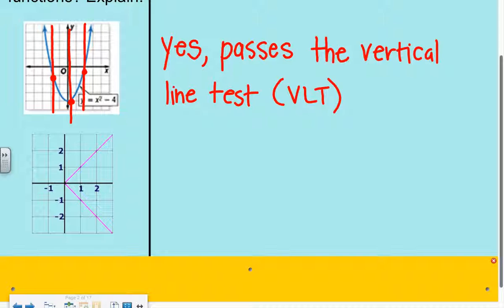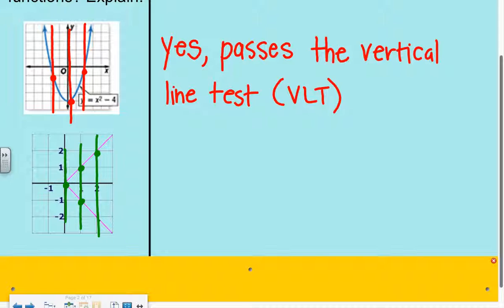So now this time, we've got a graph that looks like a V on its side. So if I start by drawing a vertical line, so notice my green line touches the pink graph only once. So far this one is a function. But if I make another vertical line, you'll notice that the graph is touching my vertical line twice now. As soon as your graph touches your vertical line twice, your answer is automatically no. Let me show you again in one more spot how it's going to touch twice.